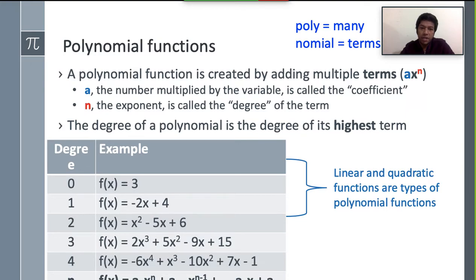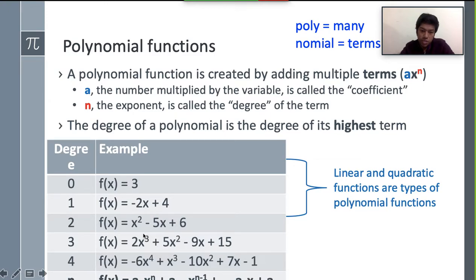And then the degree of a polynomial function is the degree of the highest power of the variable there. So if you look at this, suppose 3, this is actually degree 3 already. So you see 2x cubed, 5x squared, 9x plus 15. So what is the degree here?